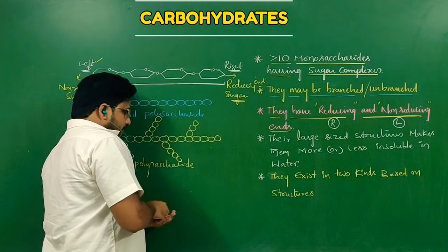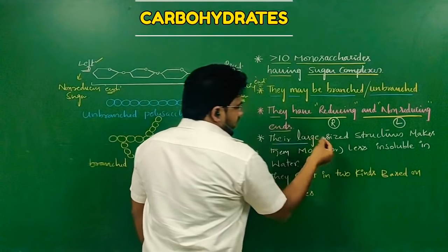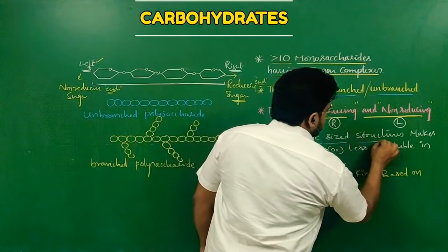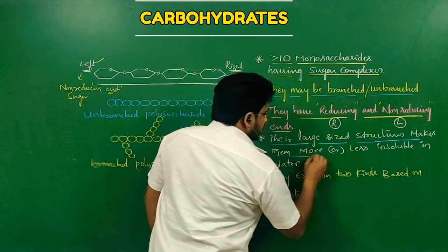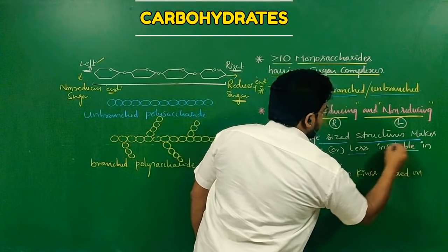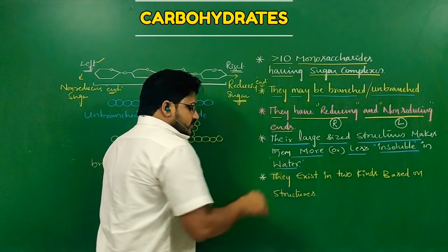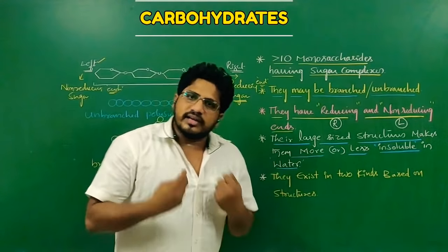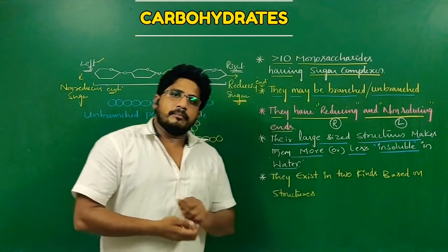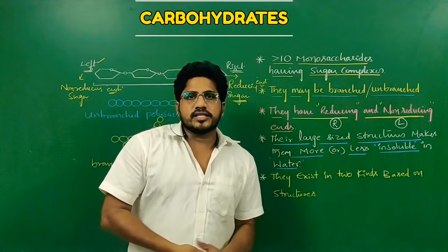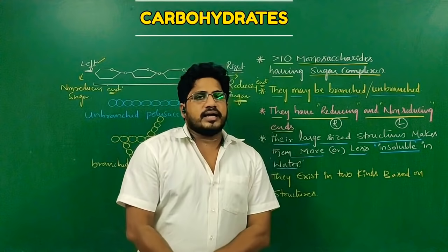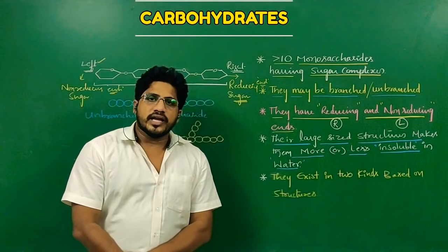The next one, they are generally large sized. Due to these structures, they are more or less insoluble. In water, they are least soluble and some are never soluble. Their nature is insoluble except for one polysaccharide, whose name is inulin.